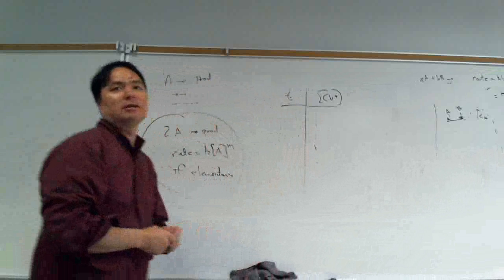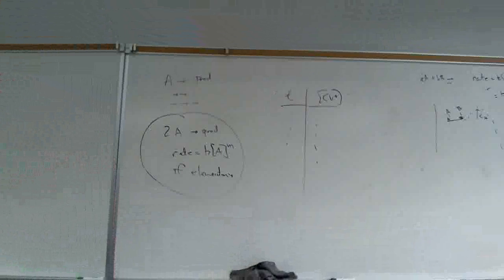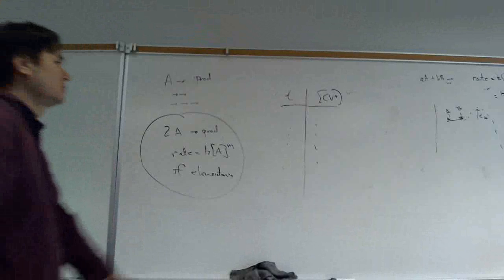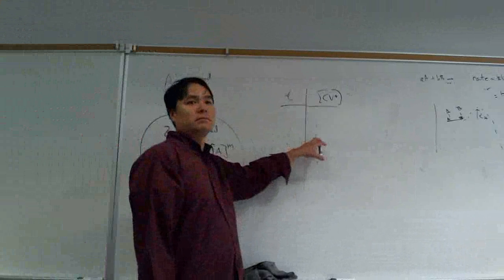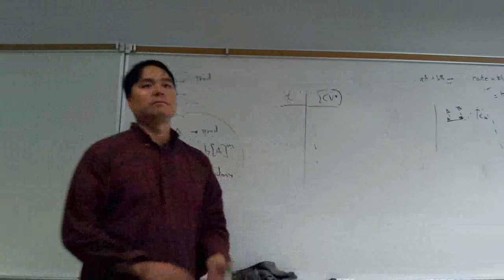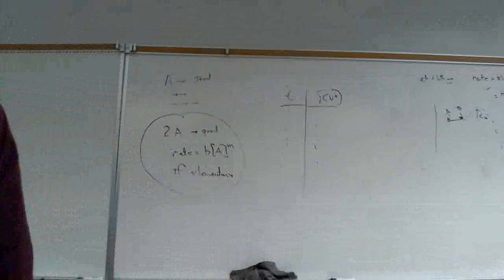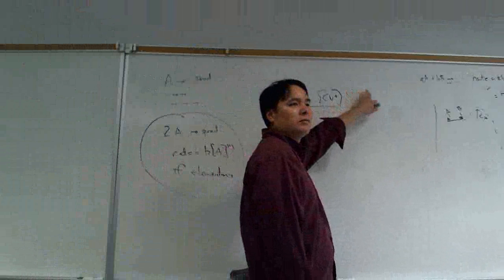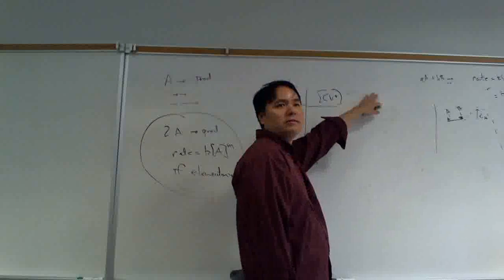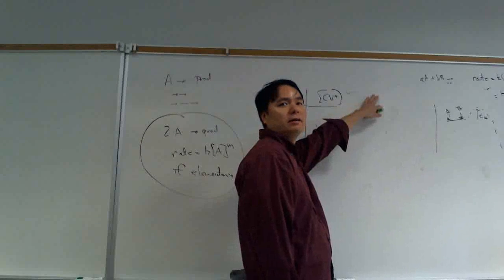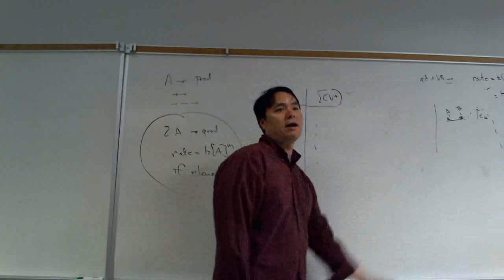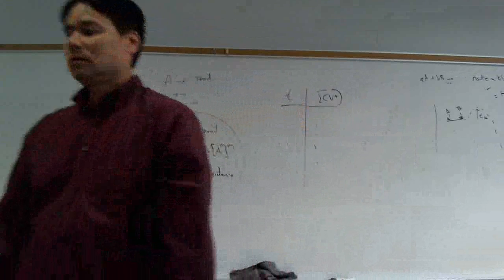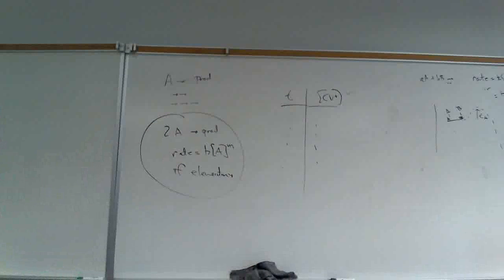So how did you figure out what to do with that? It's time versus concentration. And then you do ln of CV, and then 1 over CV. We made 3 graphs. The one with a straight line, that's the order. This is the one where we're finding a bunch of k values.